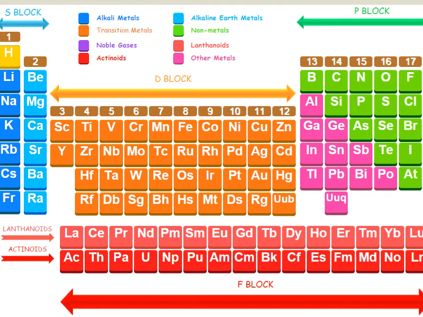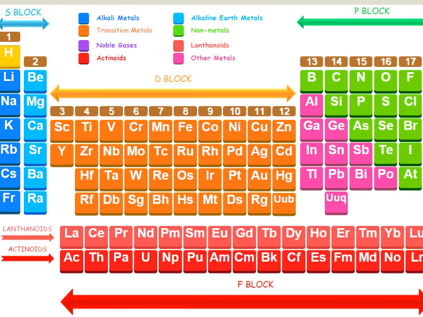Students, over here you can see in dark blue, lithium, sodium, potassium and so on, these are the alkali metals, whereas the ones in light blue, that is beryllium, magnesium, calcium and so on, are alkaline earth metals. So these two groups belong to the S block elements.